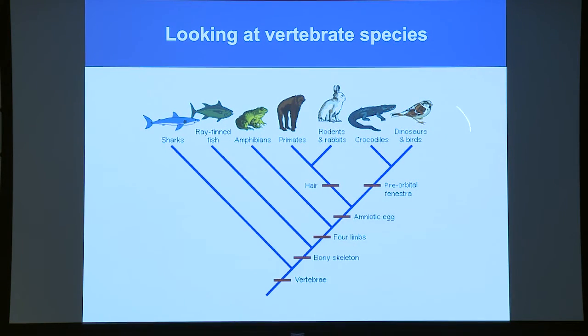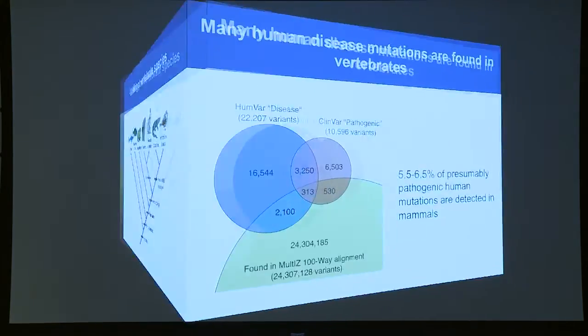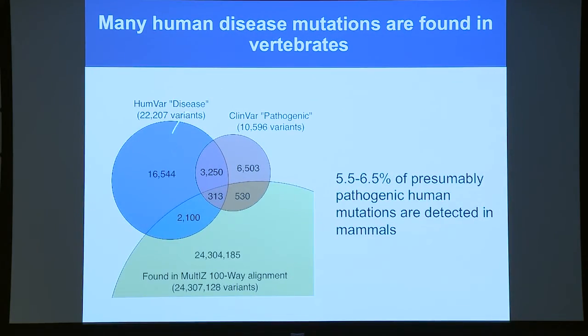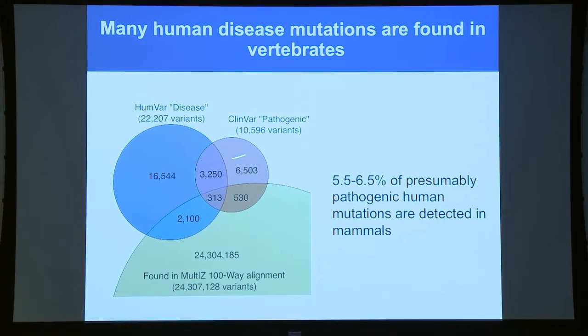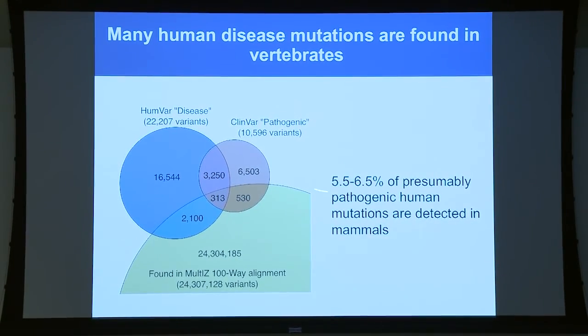Now we have plenty of vertebrate and plenty of mammalian species, thanks to a lot of colleagues at Broad and other places. And we decided to recheck this recently, and this was work by Daniel Jordan in the lab, who is a Harvard Biophysics PhD student.